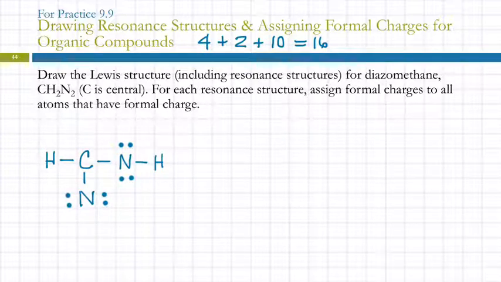I didn't change the number of electrons. I just moved the hydrogen over. I did that because there was no way to write a decent Lewis structure the way I had them connected. Now I can take this lone pair on the nitrogen and share it with the carbon, because the carbon doesn't have an octet here. So I could take that and share it like this.